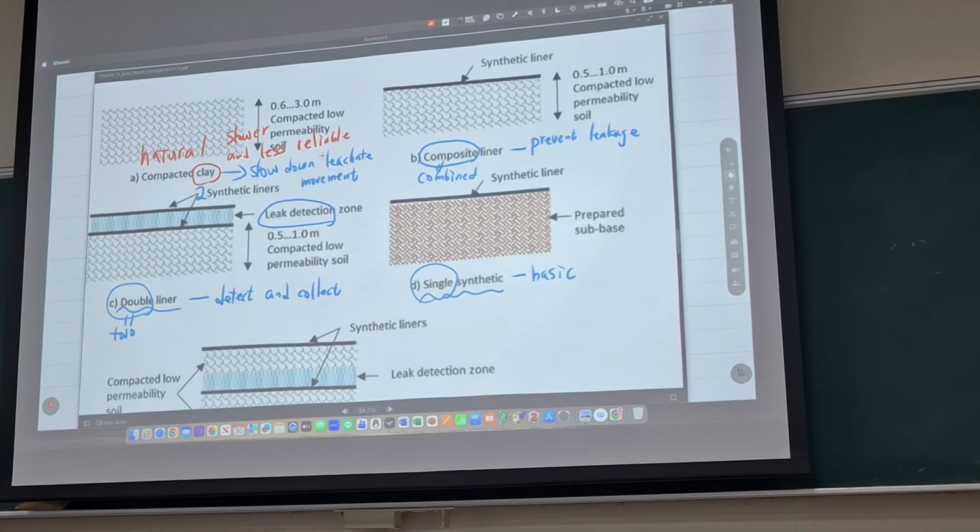So this probably is the old-fashioned, traditional landfill, if you don't have too much money. So I put one. This is the worst. One means worst, not the best. Students, one means worst.